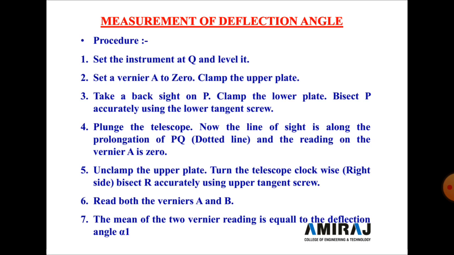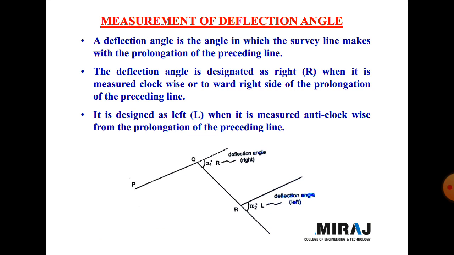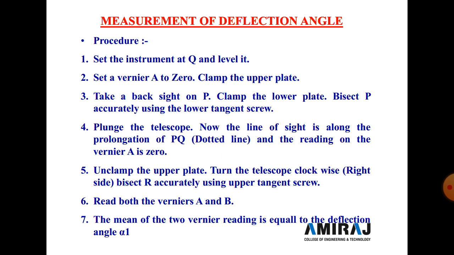When we set the instrument, set vernier A at 0 degree. Automatically in window B it is set at 180 degree. Clear? Now the third point is to take the back sight on P, clamp the lower plate and bisect P accurately using the lower tangent screw.